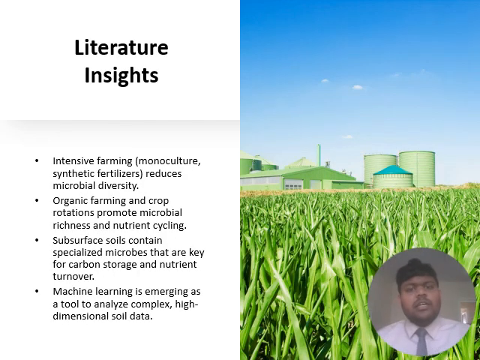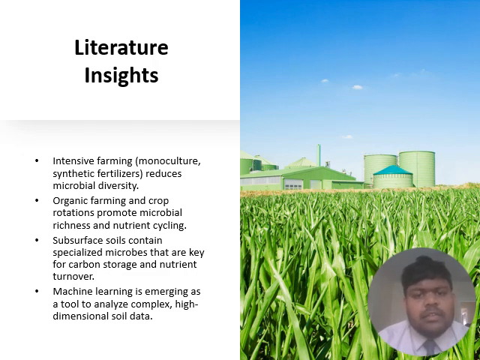From literature, it is clear that intensive agricultural practices like monoculture and heavy fertilizer use tend to reduce microbial diversity and negatively impact nutrient cycles. In contrast, organic farming and crop rotation can boost microbial richness and resilience.